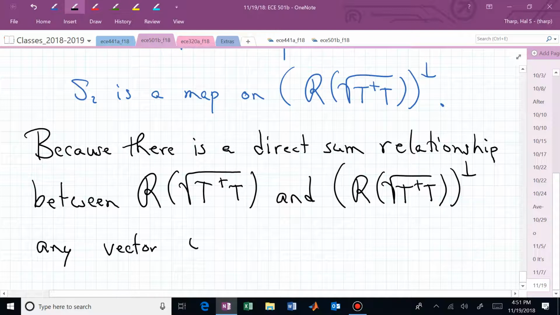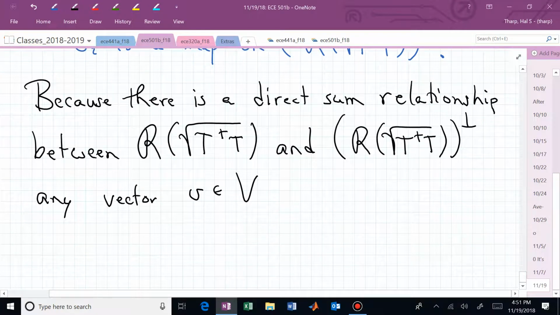any vector v in our original vector space capital V can be written as a direct sum decomposition.